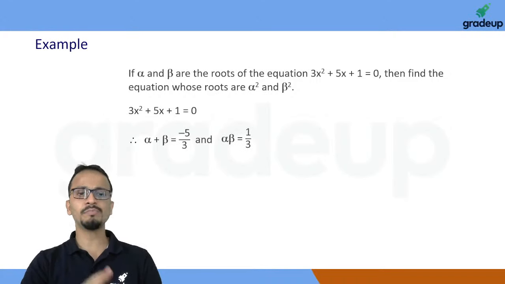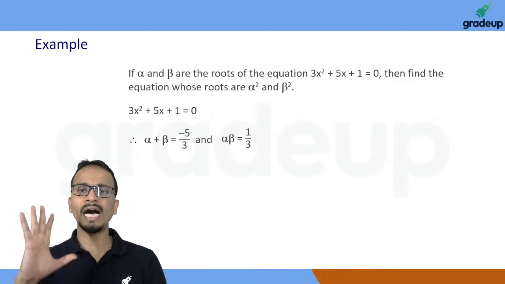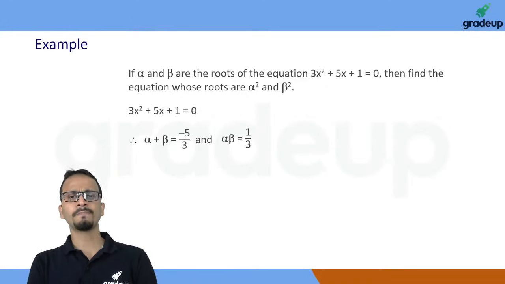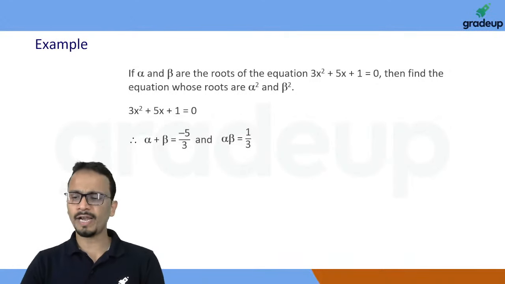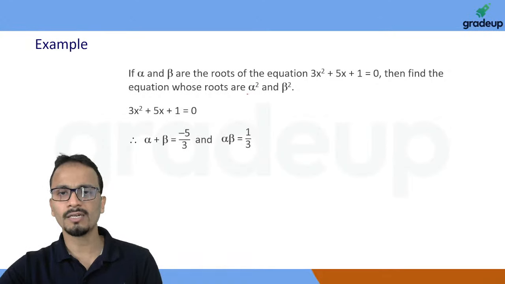So alpha plus beta and alpha into beta I have written. All right, now friends, I have to find out another equation whose roots are alpha square and beta square.